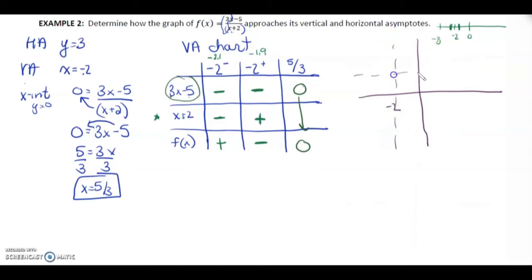Okay, so loosely, if I were to graph this and just graph the vertical asymptote at -2, the horizontal asymptote at 3, and I know that the question doesn't ask us to do this, that's okay, and the x-intercept at 5/3, which is approximately here. Okay, this is how we read this. So this means f at x, the function, approaches, that would be an arrow, -2 from the left, and it approaches going toward positive infinity.